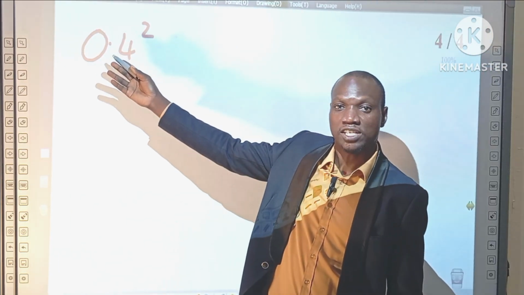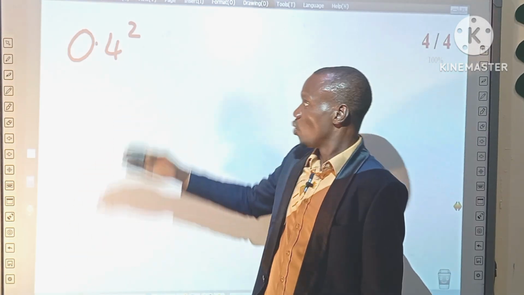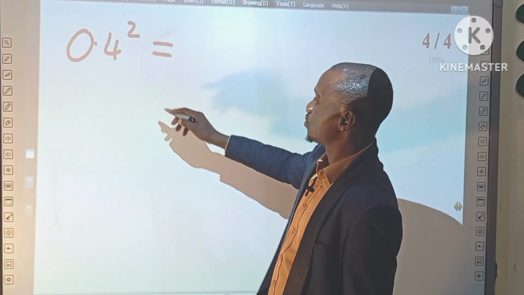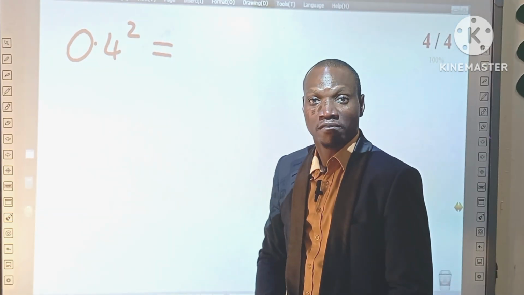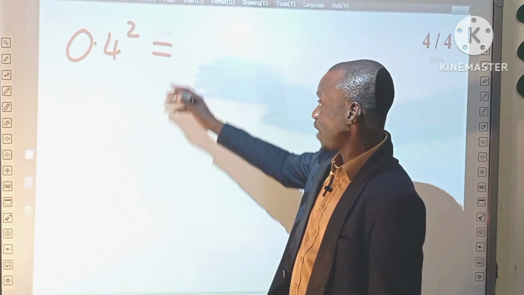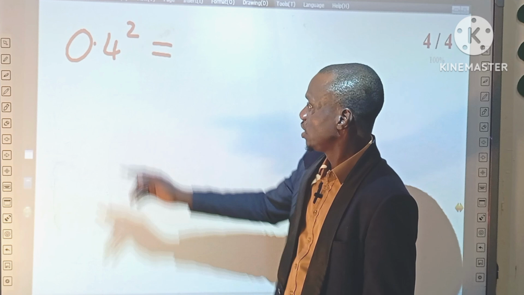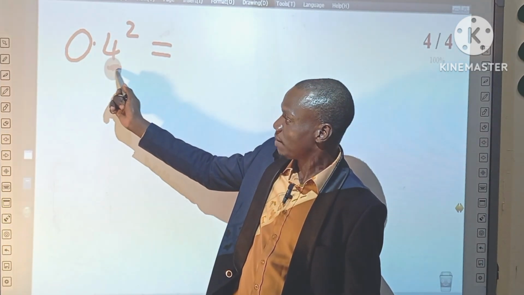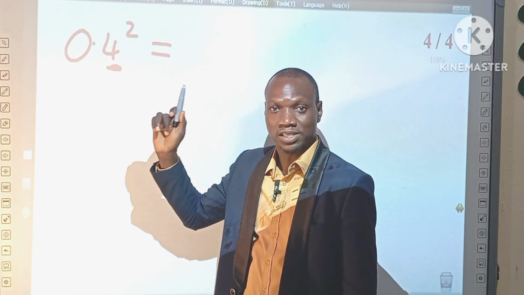Let's explore our first question, 0.4 squared. When we have questions like this, you first of all write this decimal figure as a fraction with multiples of 0. Now in this decimal figure, we have 1 decimal place, which is what? 10th.